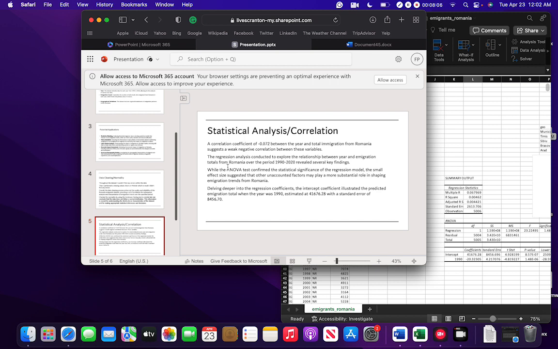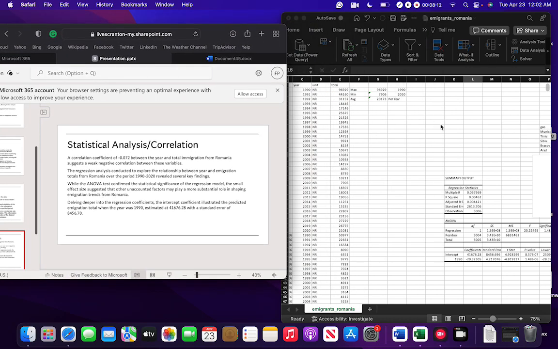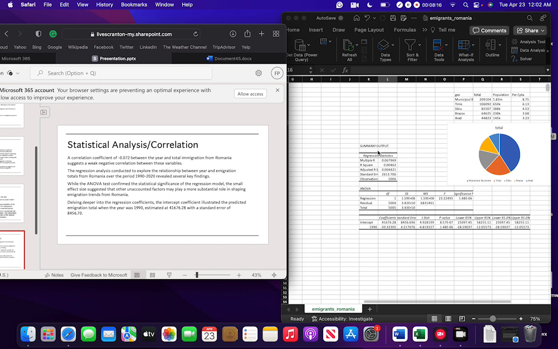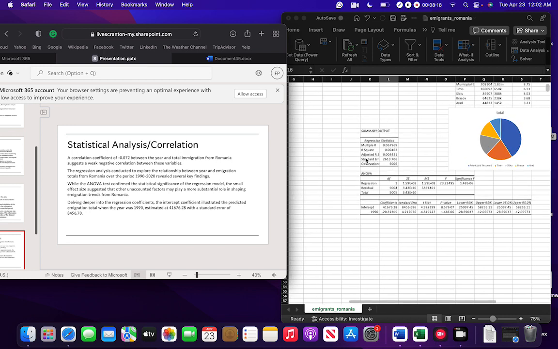The regression analysis conducted to explore, I forgot to show that. This was my regression analysis that I performed. I performed this one in Excel.